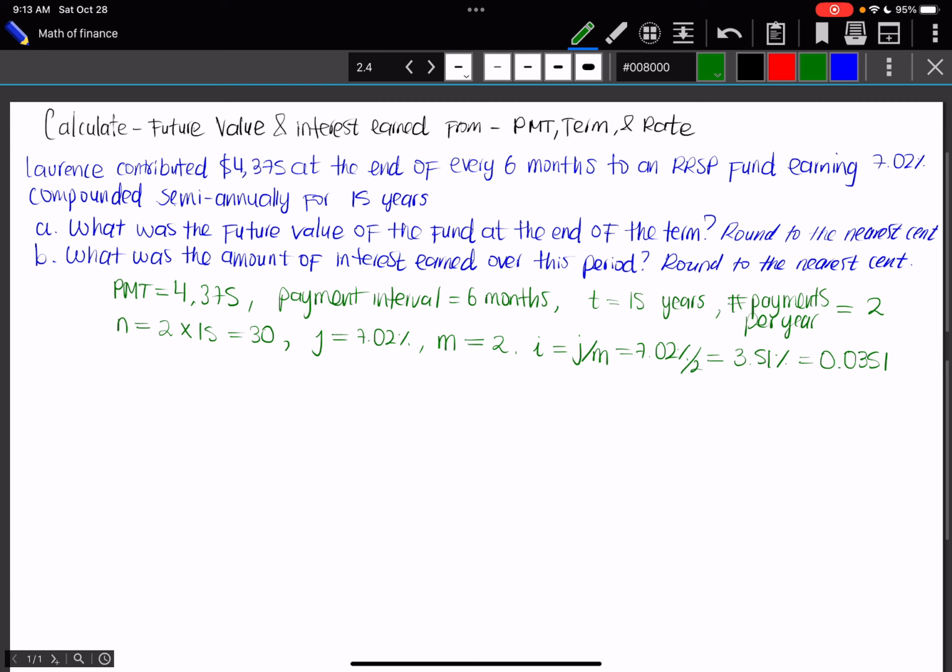That's an ordinary annuity. And in this example, the compounding period and the payment period are the same. Here, Lawrence is contributing $4,375 at the end of every 6 months, and interest is compounded semi-annually. So we're working with an ordinary simple annuity.